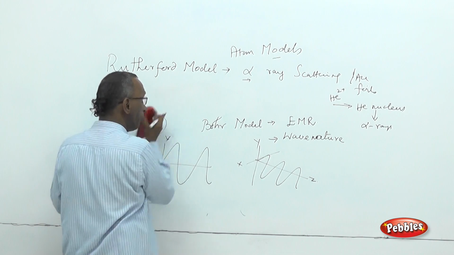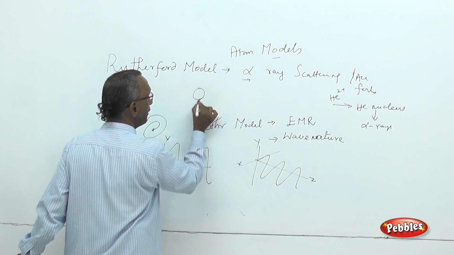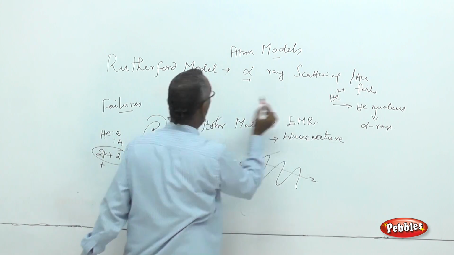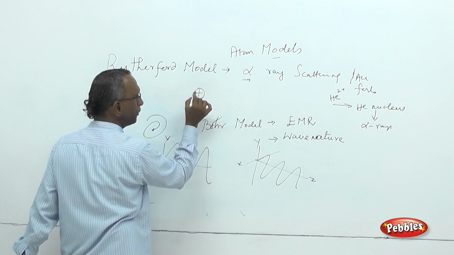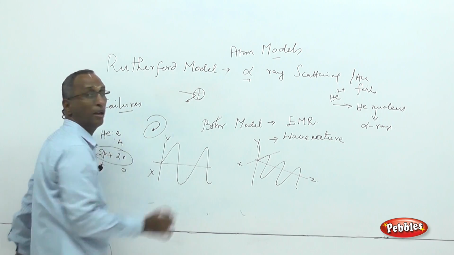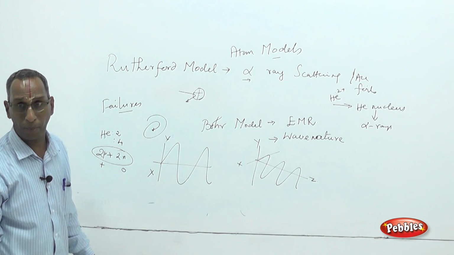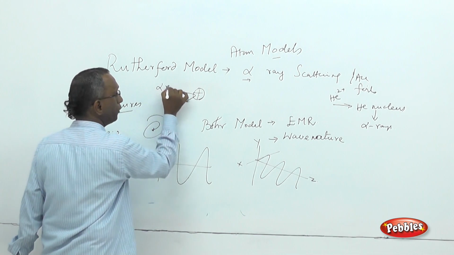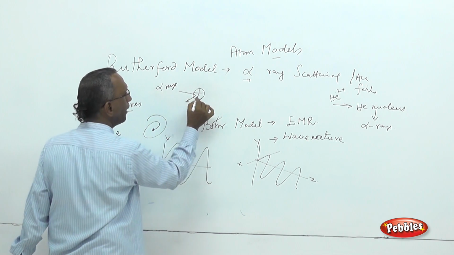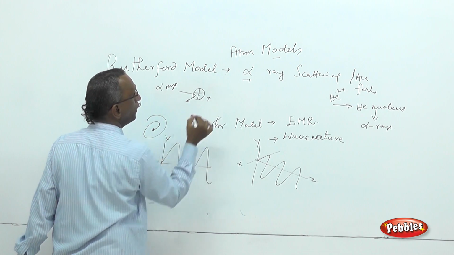By this method he studied that he is bombarding with positive charge. If the atom contains positive charge, the positive charge will be repelling. Alpha rays are positively charged material. If the alpha rays are deflected, that region is positive.